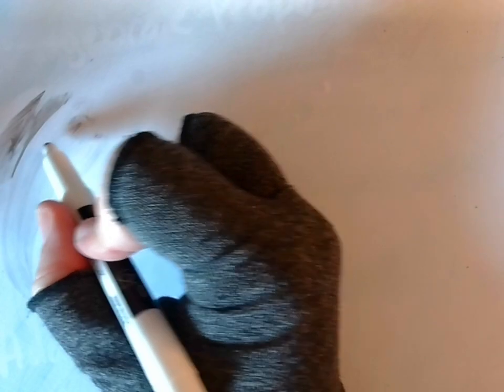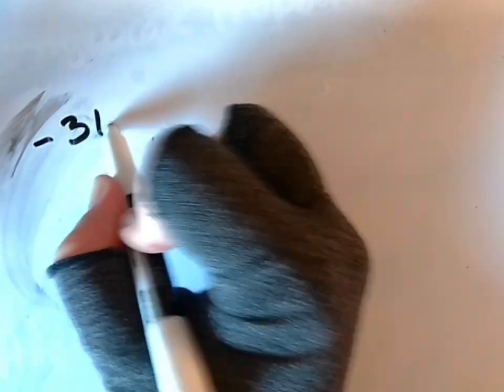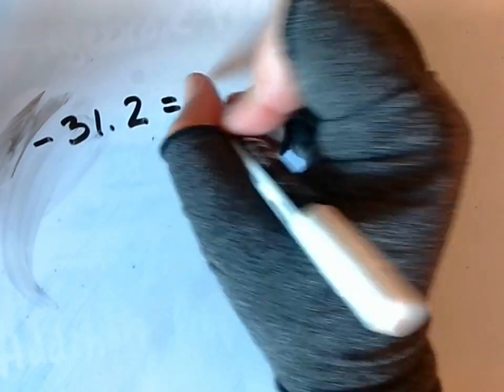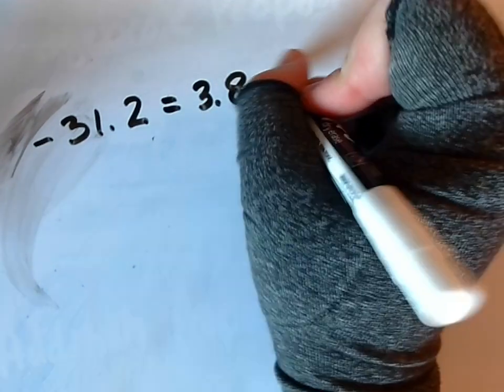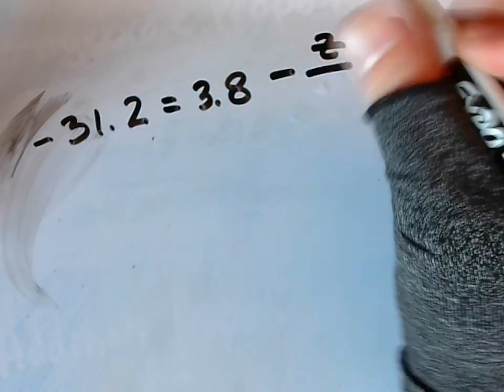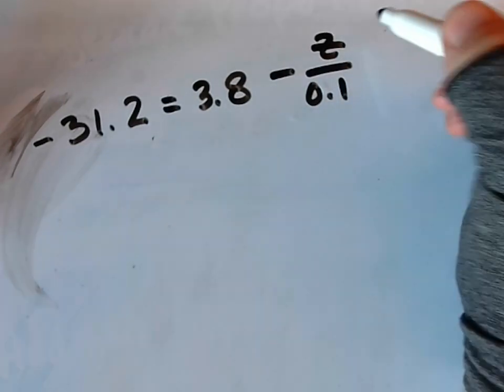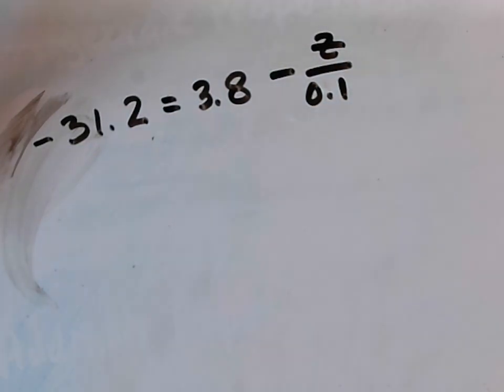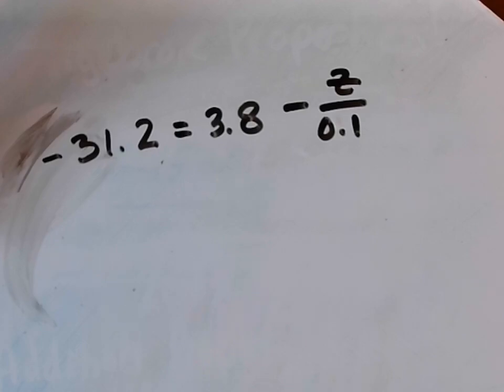So to give another example, let's see, we've got negative 31.2 equals 3.8 minus z over 0.1. And that is a z, the end of the alphabet there. So again, here we want to solve this equation for our variable, in this case z.